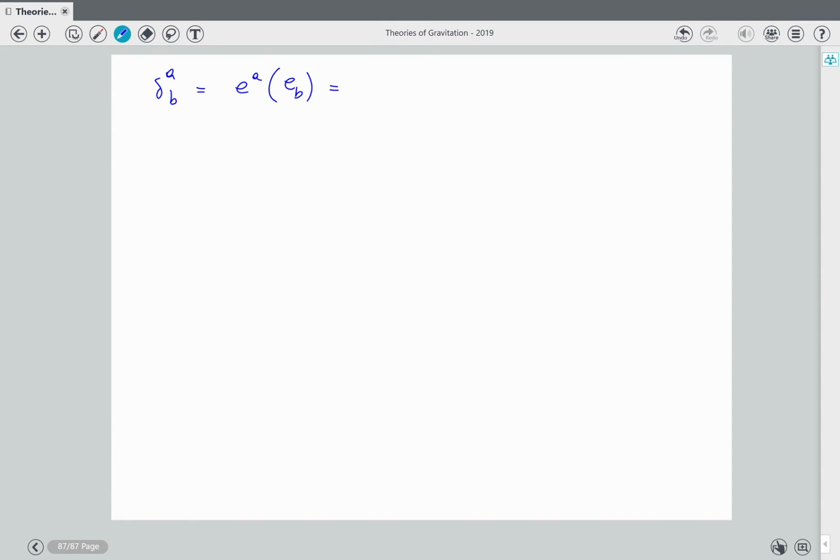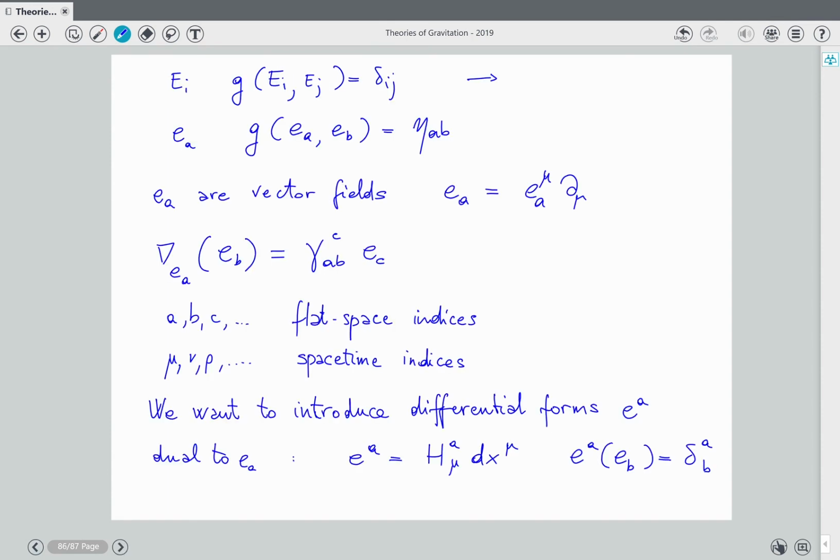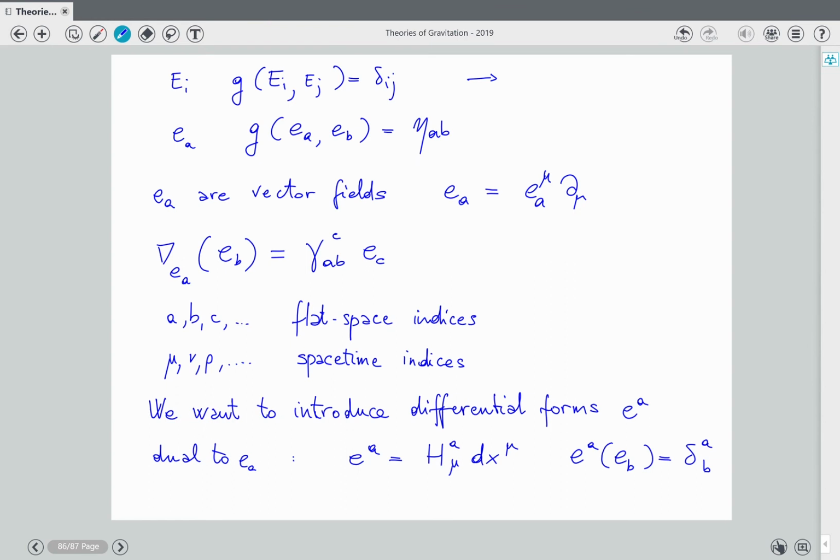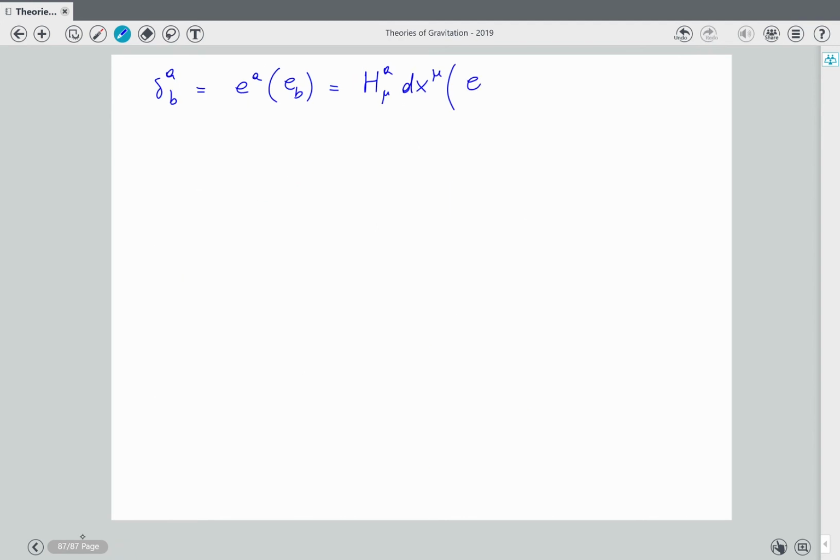That means let's replace H A mu dx mu, and EB instead is what we wrote this way, so EB nu partial nu.